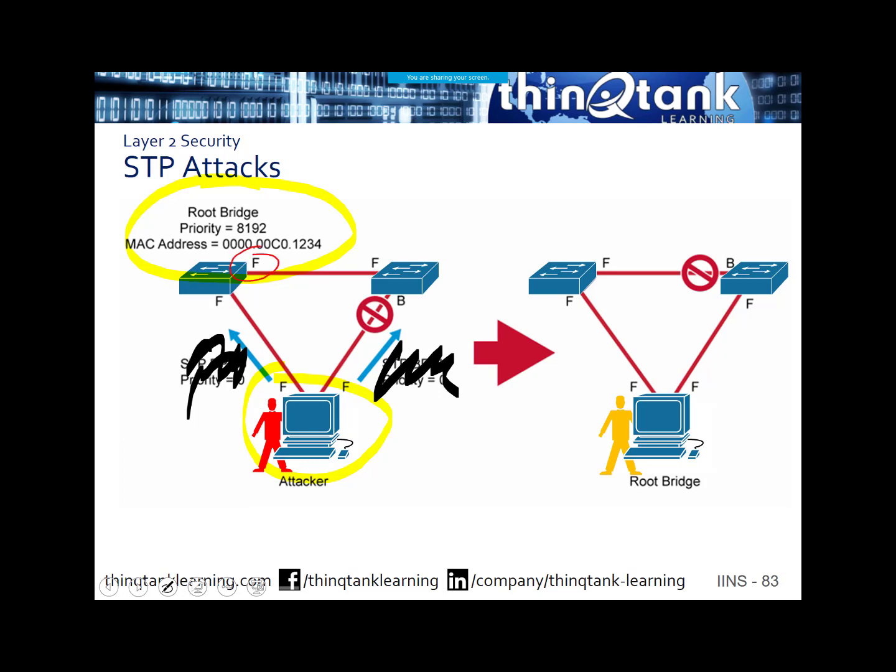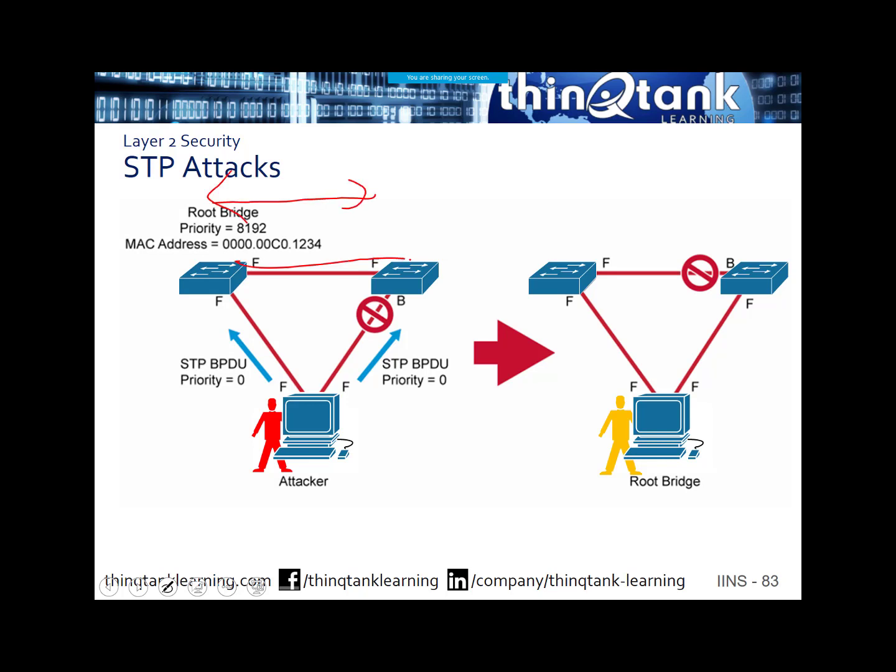That means this becomes a designated port, that becomes a root port. The F in this case stands for forwarding. That becomes a designated port, that becomes a root port, and so on. All the traffic flowing between the switches flows in the east-west direction, as opposed to north-south, over this link. And this guy down here who wants to see all that traffic is not seeing any of it.